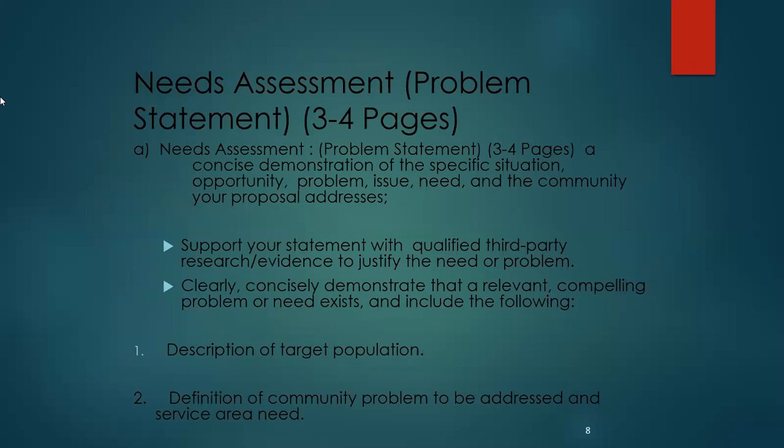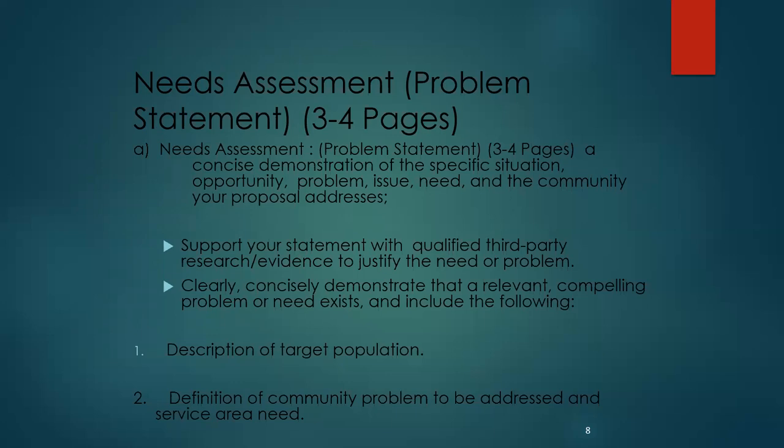Now, this is a repetition of what we talked about earlier about the problem statement. Guess what? Another word for problem statement is need statement. And it should be anywhere from 3 to 4 pages, depending upon the grantee. For example, if it's a small grant, then they probably want only a paragraph.